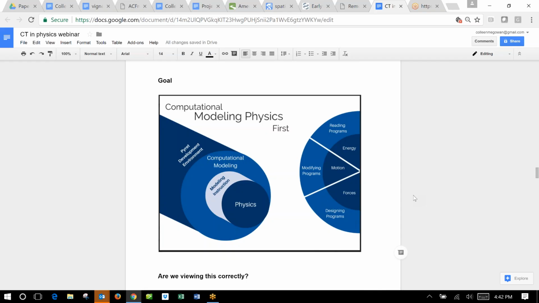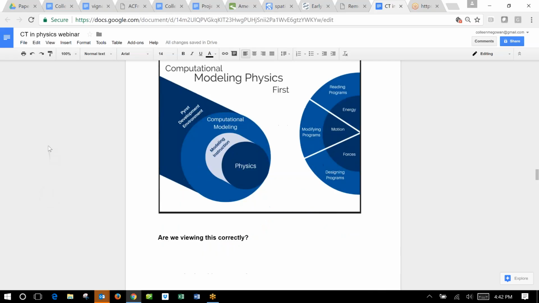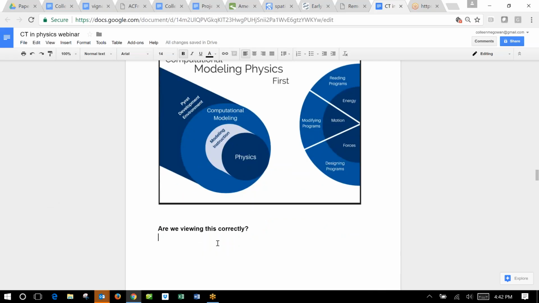Could I add something to this picture? I would like to be able to see the students go through this cycle of designing, modifying, and reading in each unit.